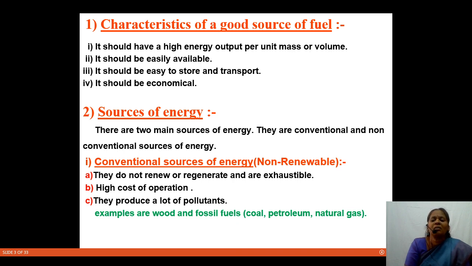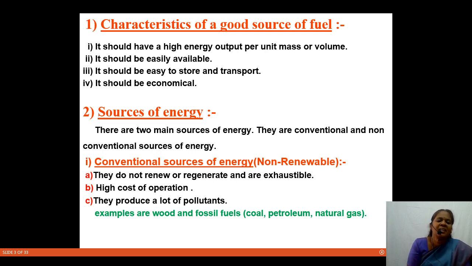Before discovering or making an important fuel, what important points or characteristics do we have to keep in mind? The characteristics of a good source, an ideal fuel, are: first, it should have high energy output per unit mass or per unit volume, meaning high efficiency.